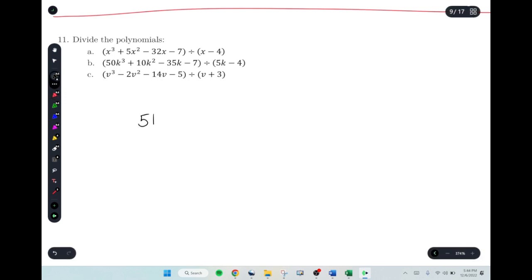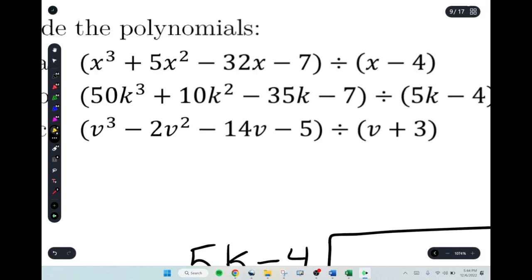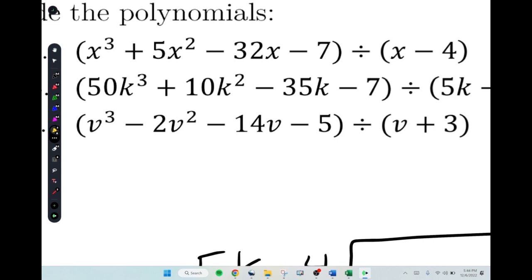I don't like this. 5k minus 4, big old thing. Here's what I'm going to check for all of them, even if we're not going to do all three. I do this because I forget this all the time, and it screws me up, and I have to start over. The 3, 2, 1, 0 thing. 3, 2, 1, 0. Good to go.